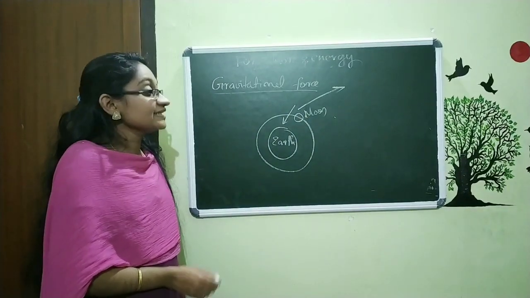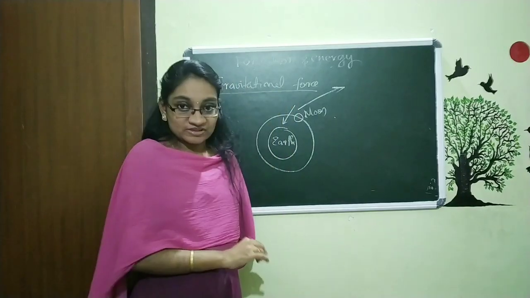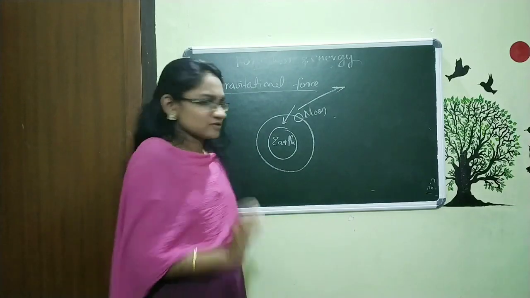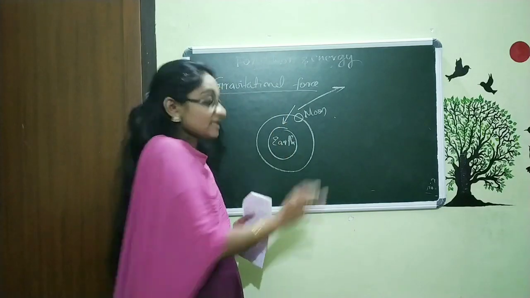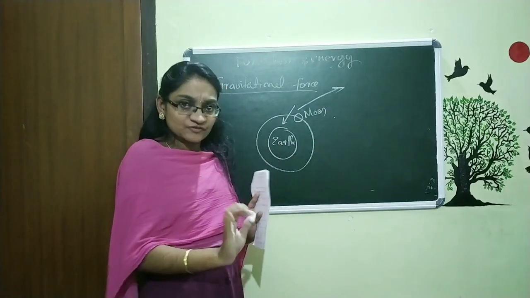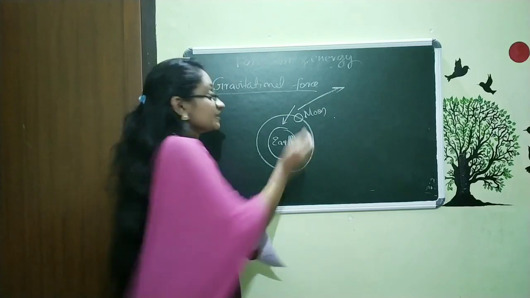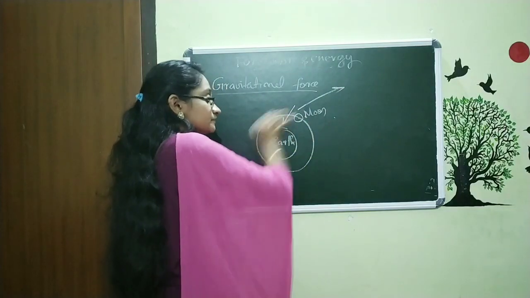The reason is very simple. The earth has gravitational force, and in a similar way the moon also has gravitational force. Simply understand that the earth has one attractive force and the moon also has one attractive force. By balancing these two attractive forces, the moon is rotating and revolving around the earth.